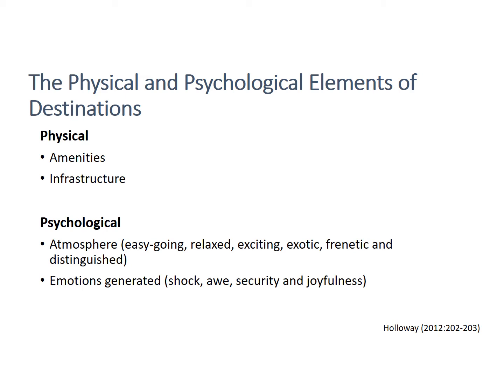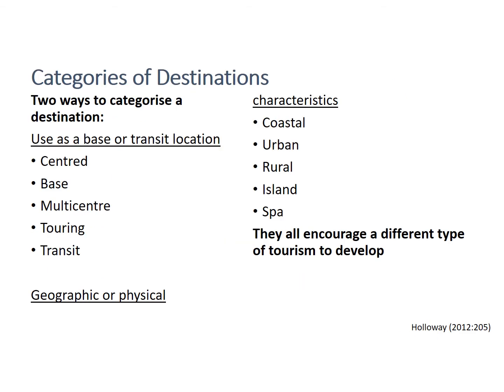There are some countries that you go to where the infrastructure is not there to travel from one place to another. If you look at India, they have many beautiful places, and it's very difficult to travel. Amenities as well. Do they have all the amenities there? The psychological side as well. The atmosphere is easygoing, relaxed, exciting, exotic, frantic, and distinguished. Emotions generated. Is it shock, awe, security and joyfulness? So again, looking at both the physical and psychological side of things.